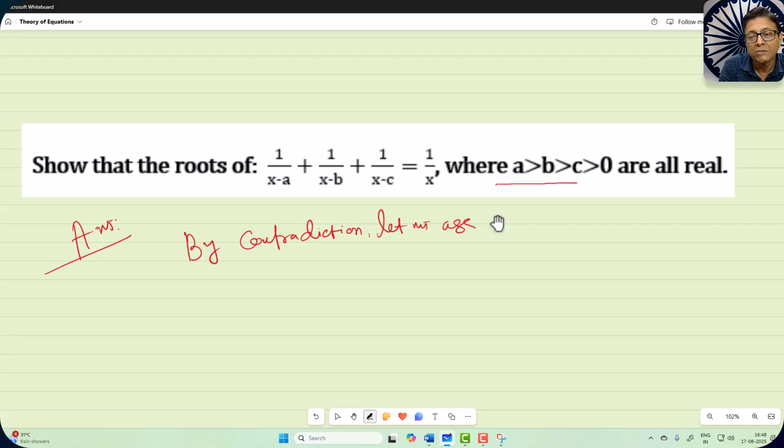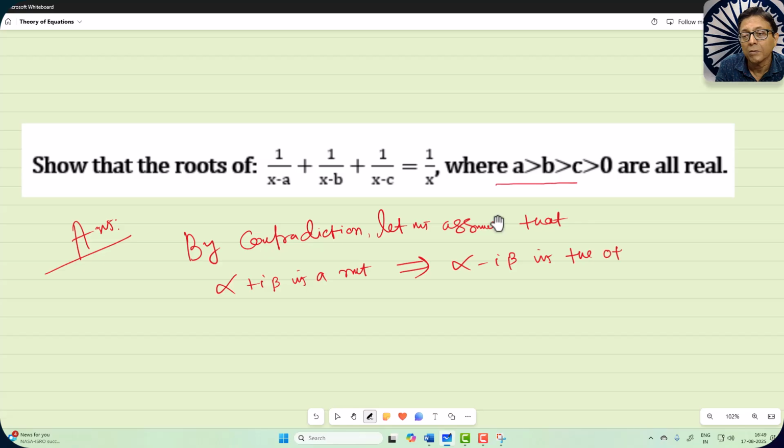By contradiction, let us assume that alpha plus I beta is a root, and this assumption will ensure that alpha minus I beta has to be the other root. Root means it will satisfy the equation. So put x equal to alpha plus I beta once.